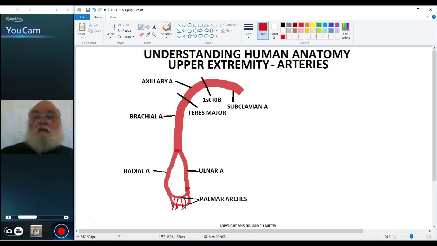And then the branches going to each set of digits merge together to form a common artery, and then these arteries in turn will divide into digital arteries going to the digits themselves. So we have the digital arteries.